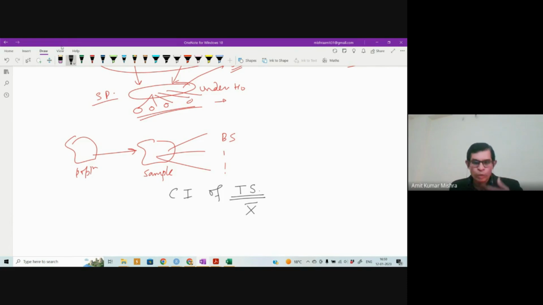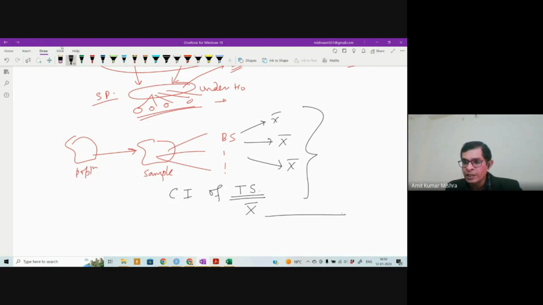I want to find the confidence interval of x bar. So what you will do, you just find out x bar from here, x bar from here, x bar from here. You find all x bar, and put them in increasing order. This is the simplest method I am telling you. For example, I have 10,000 x bar.